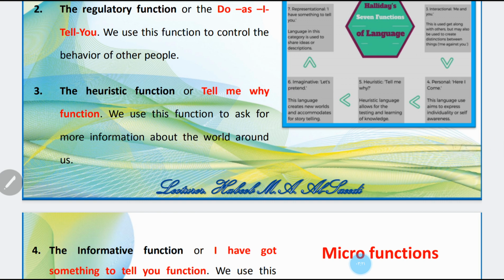The heuristic function, or the "tell me why" function, when we want more information, to give me more information about something that I don't know. So we use this function to ask for more information about the world around us.